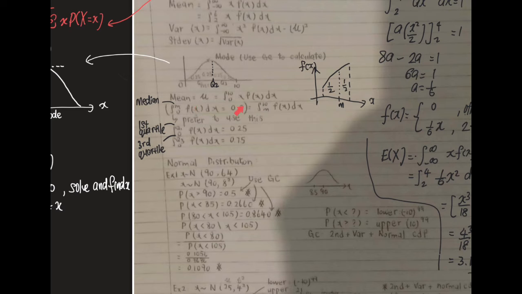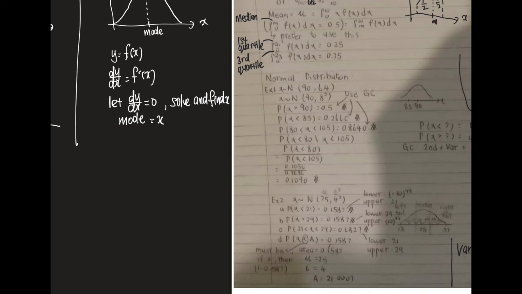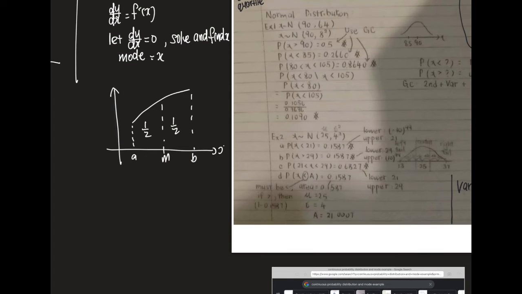In general, if you have a graph A, median, B, 1/2, 1/2. So we have to know that you integrate from A to median, the area is 1/2, which is this area.